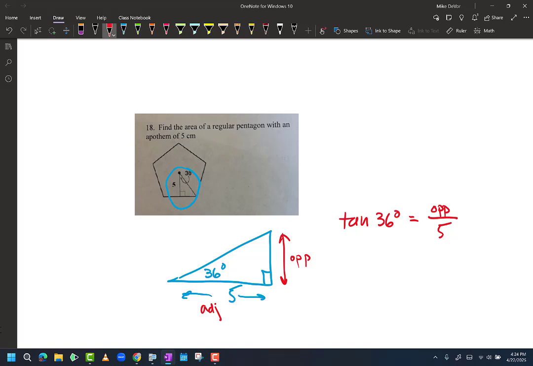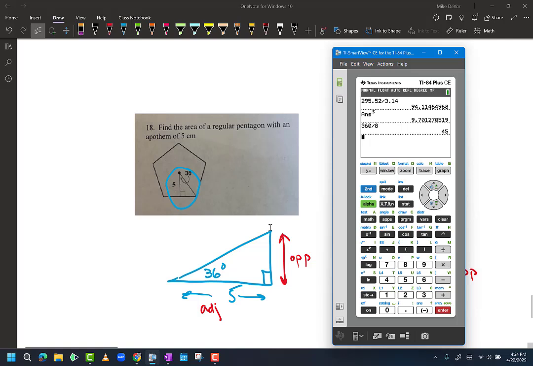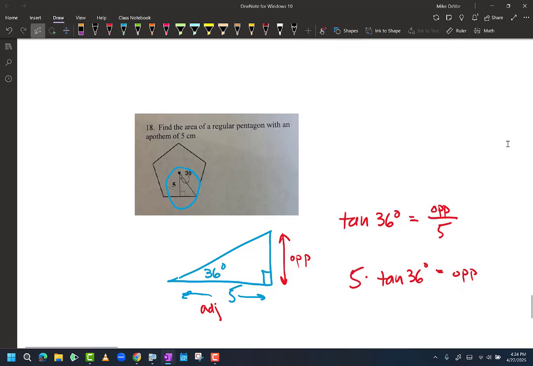So it's going to be 5 times tan of 36 degrees. Let's go ahead and calculate that real quick: 5 times tan of 36. We're just going to round it to 3.6 for now. So this opposite side here is 3.6.